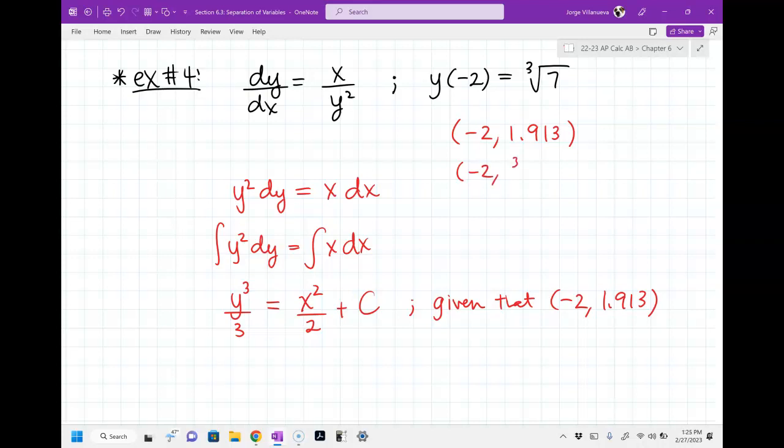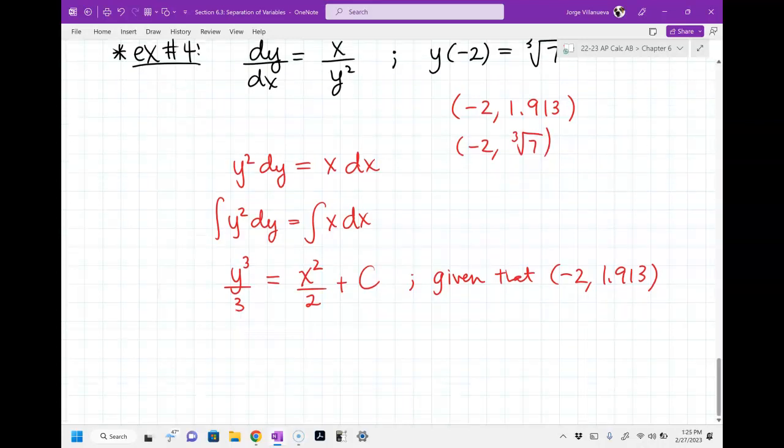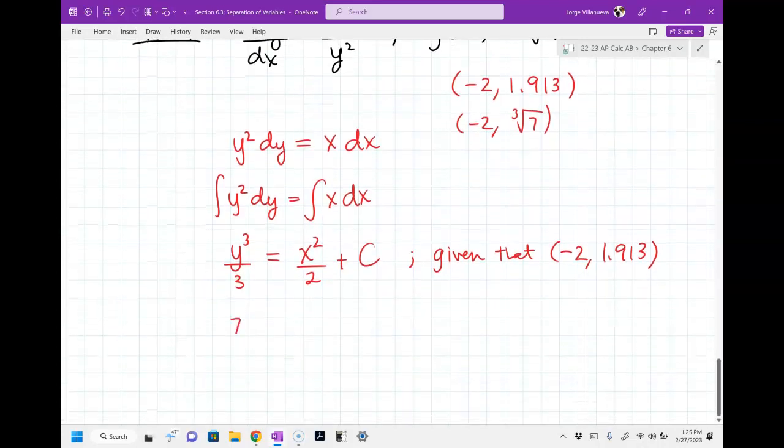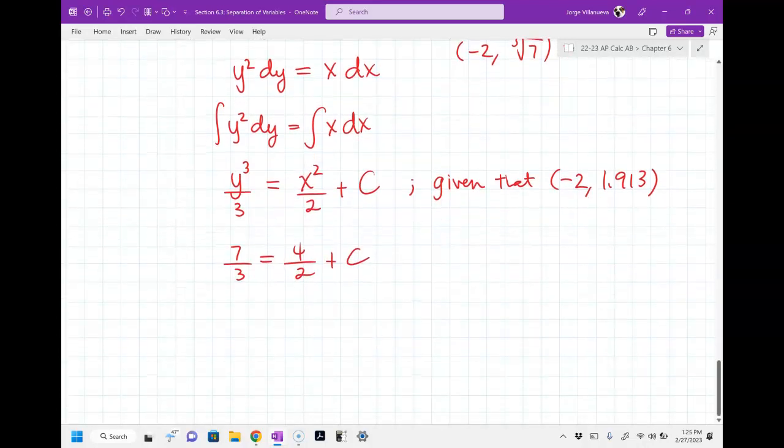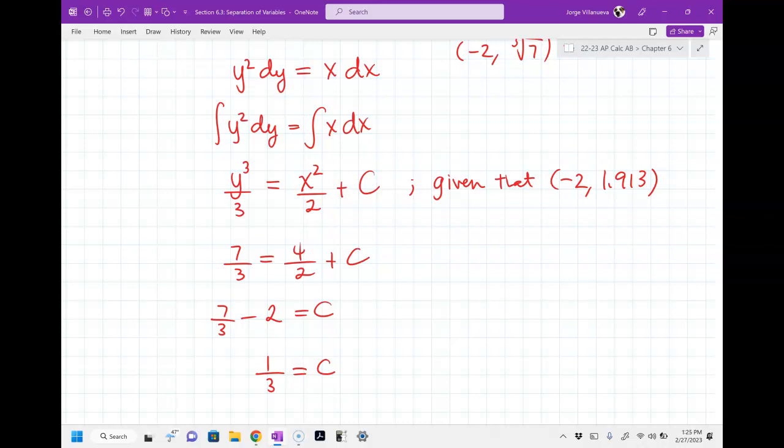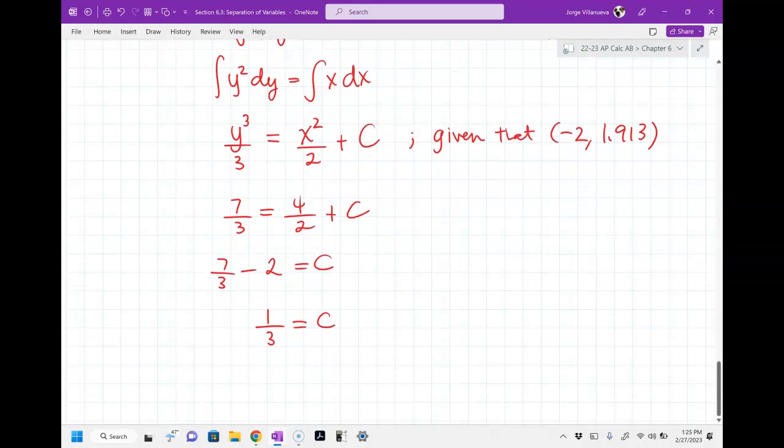I'm only doing that because I noticed I'm going to cube it, so I might as well use the cubed root. That's going to keep it nice and clean. So this will be 7 over 3 equal to negative 2 squared is 4 over 2 plus c. So I'm going to subtract it. So 7 over 3 minus a 2 is going to be c. So that's going to be 1/3. My c value is a 1/3.